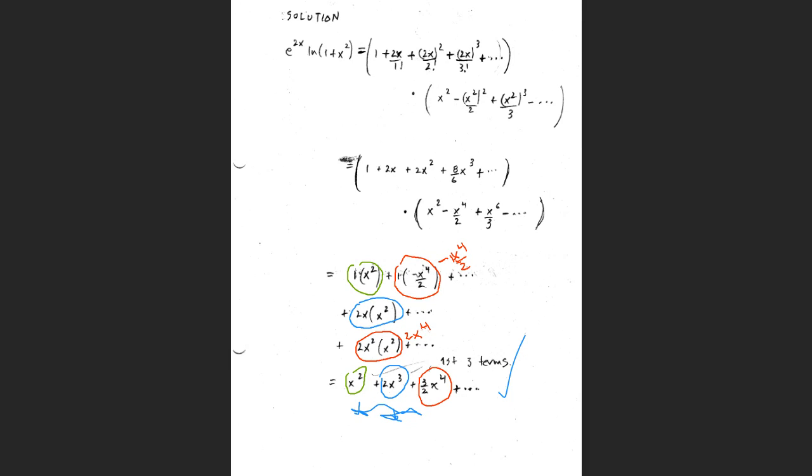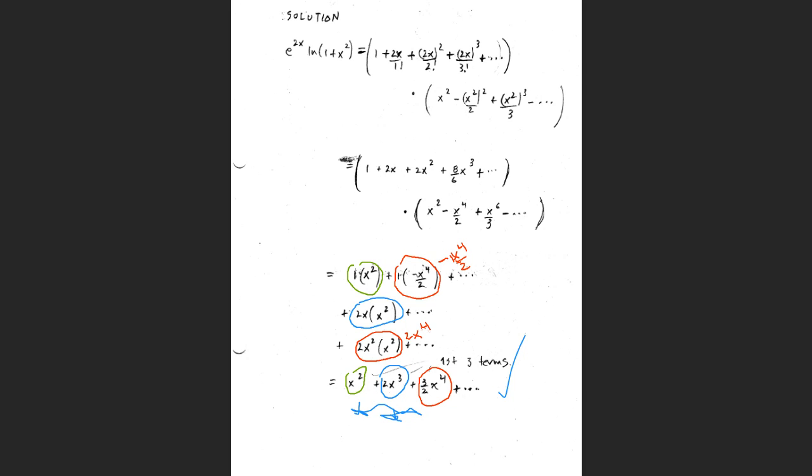Or we could divide two Maclaurin series and figure out the first 2 or 3 non-zero terms. Example 13 in the textbook does that kind of thing, so it's another good example you can look at.